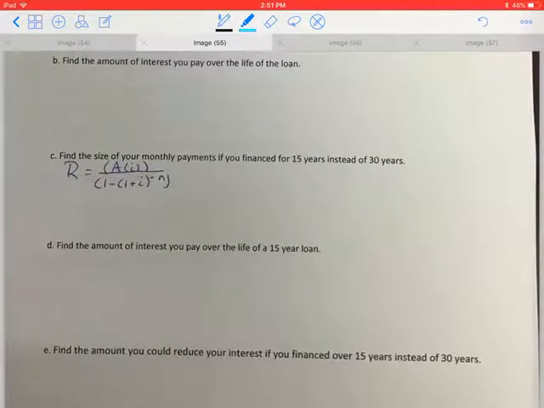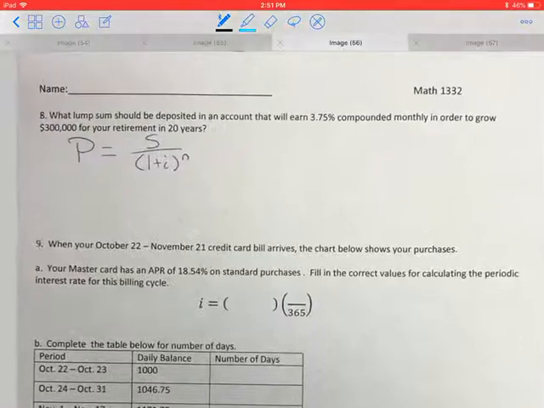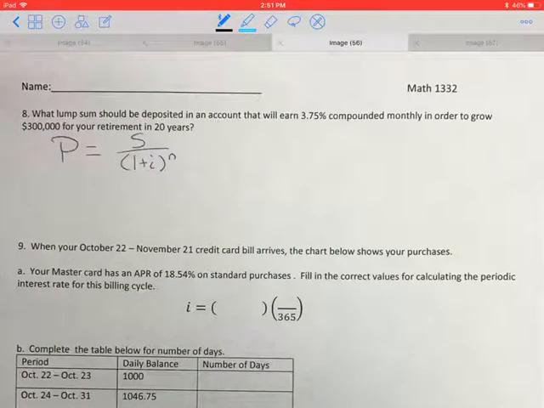And then if we move to the last page, it's really just number 8 on this one. This one's probably the trickiest one. We're asked what lump sum should be deposited into an account earning 3.75% compounded monthly in order to grow to $300,000 in 20 years.